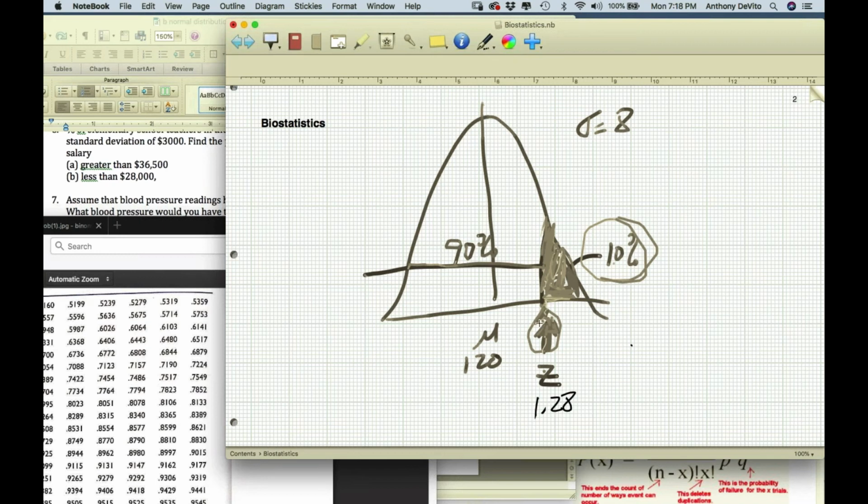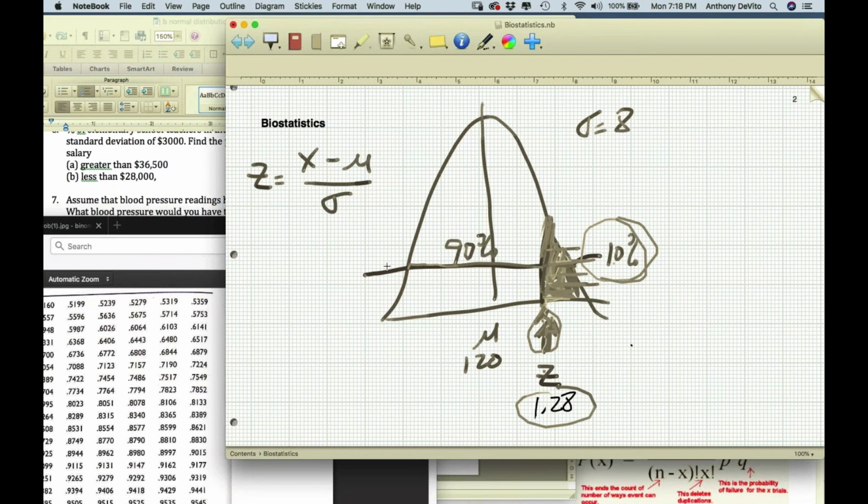Okay, so the z-score for the point at which 10% of the population has blood pressure above that level is 1.28. But I'm not really interested in the z-score. I'm really interested in what blood pressure that is. Well, I'm going to bring back a formula we used before. Z is equal to x minus mu over sigma.